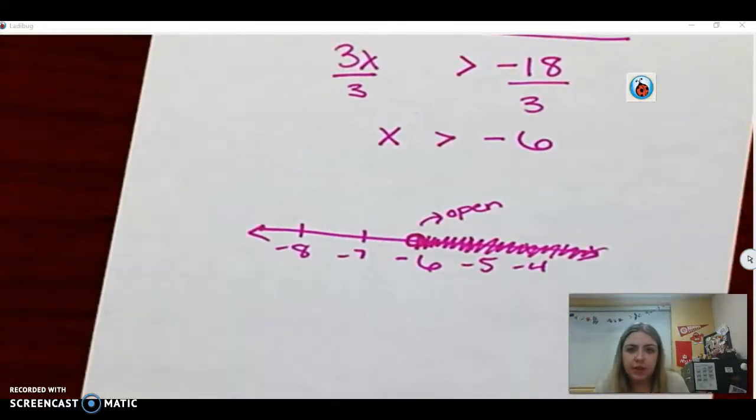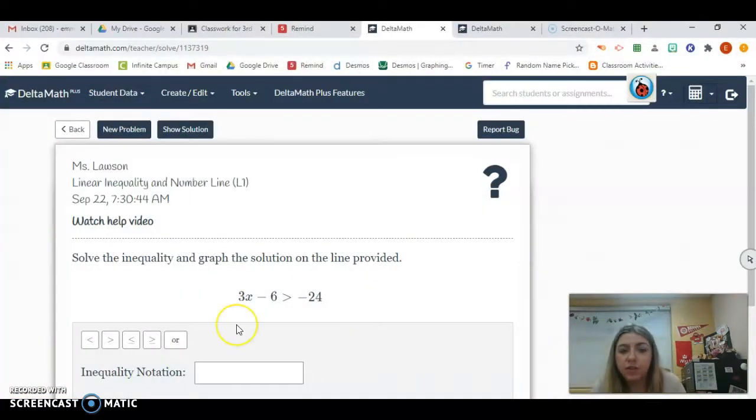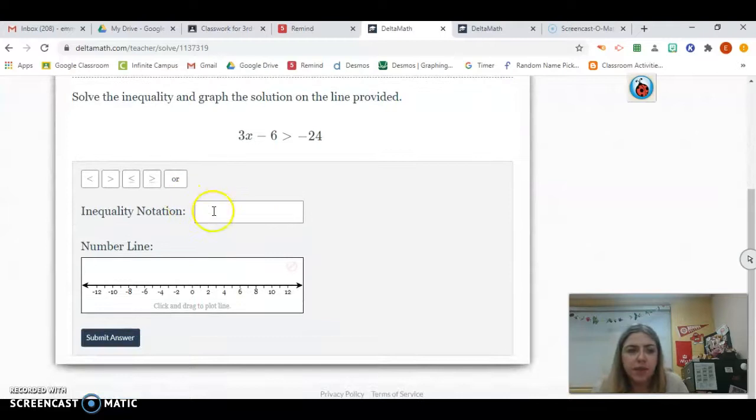So just to show you how to do that on Delta Math, because it is a little frustrating sometimes, here I'm going to have x, and then you can either use the symbols on your keyboard or you can click on them above here, negative 6. And then the way you graph this on their line is that you have to click where you want the dot. So I want the dot at negative 6, and then I drag my mouse all the way out to the end so that it's all green.